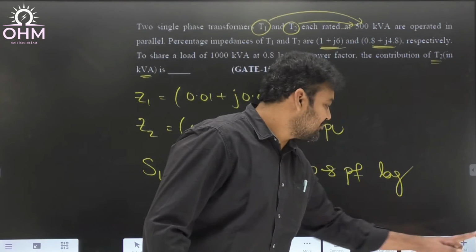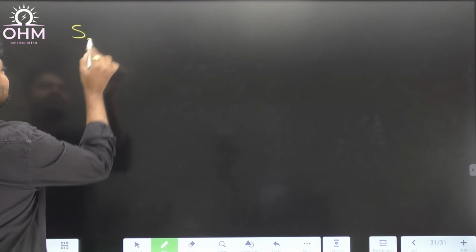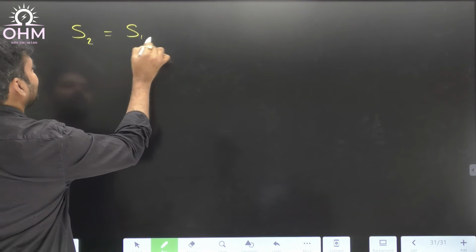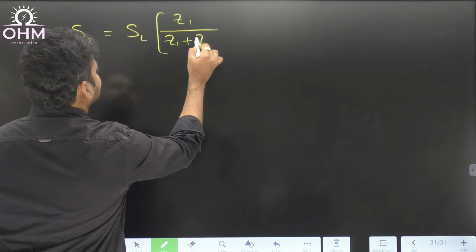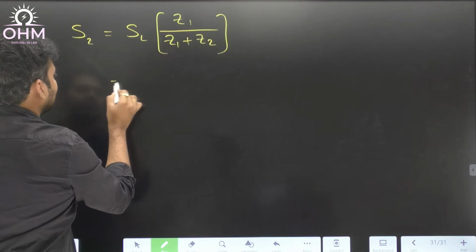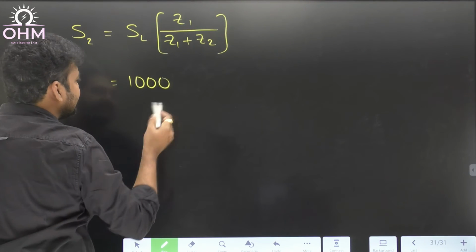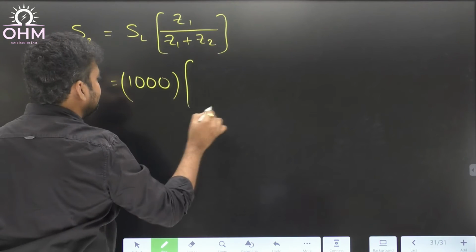How do we find the sharing of the second transformer in a parallel combination? It is equal to the total load into the opposite impedance Z1 divided by the total impedance Z1 plus Z2. What is the total load? 1000 kVA directly into Z1.